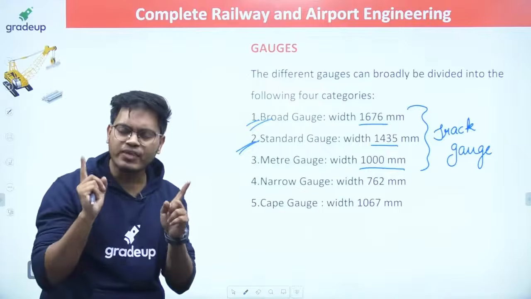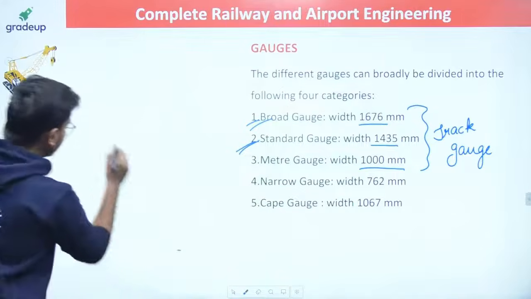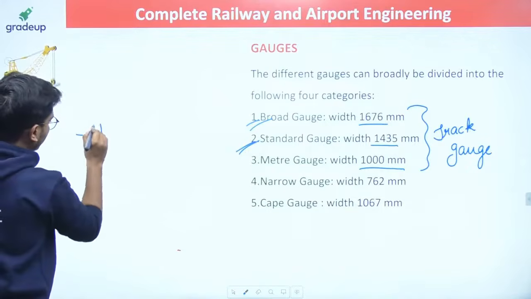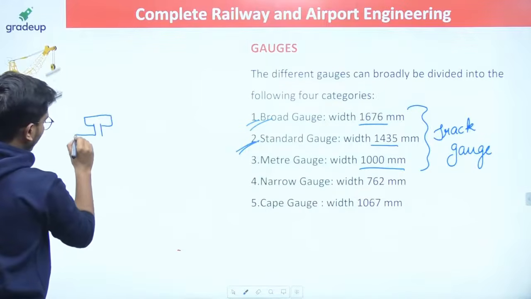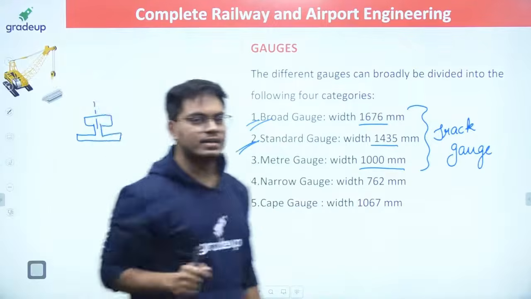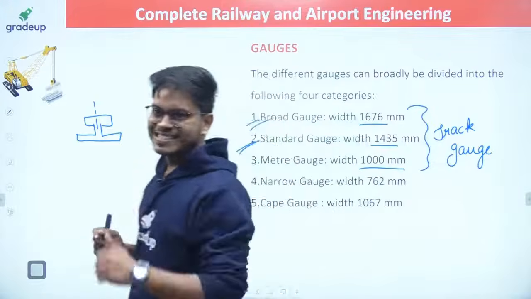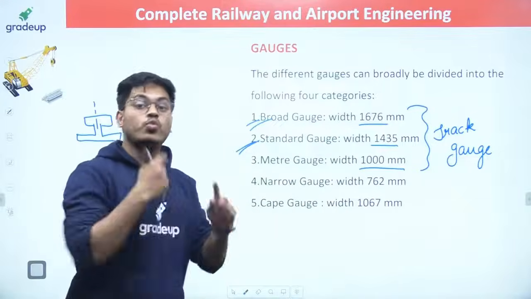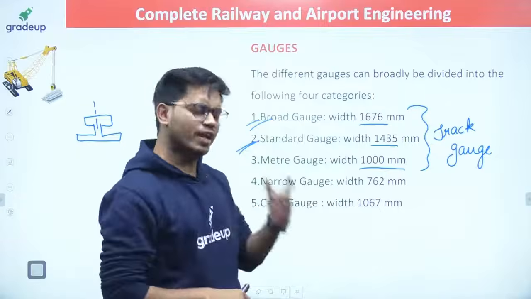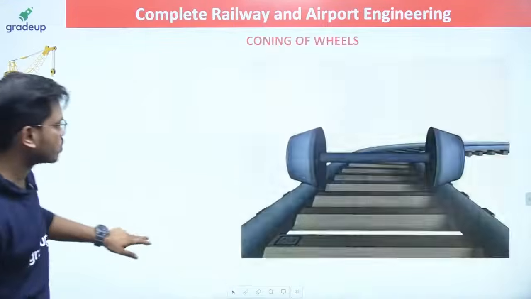But my friend, the center to center distance is your dynamic gauge. We are going to use the dynamic gauge very often, that is why I am already telling you this. Now let's move to the next concept.